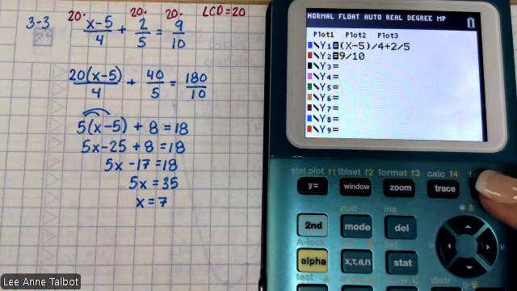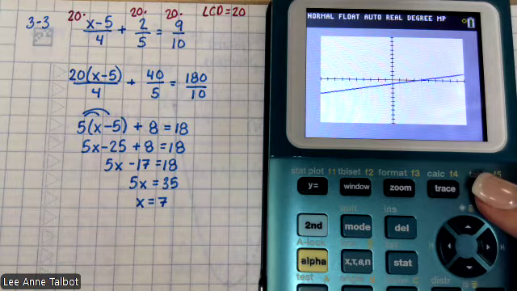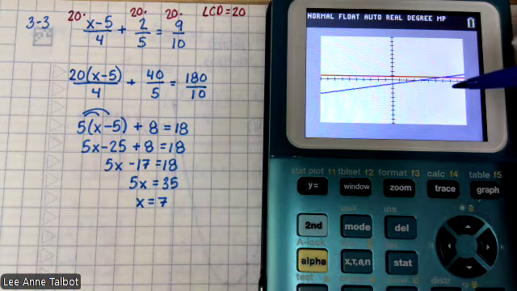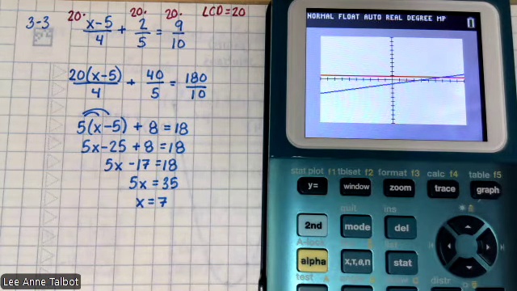Okay, hit the graph button. Do they cross at 7? Nice. You see the power of the solve by graphing. It's awesome.